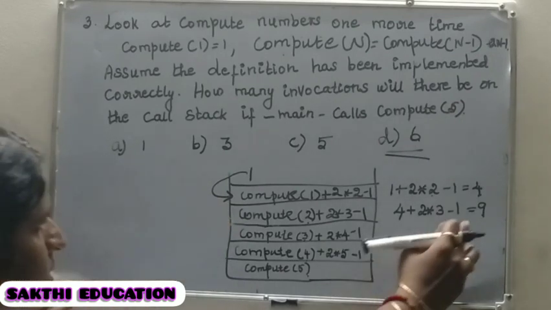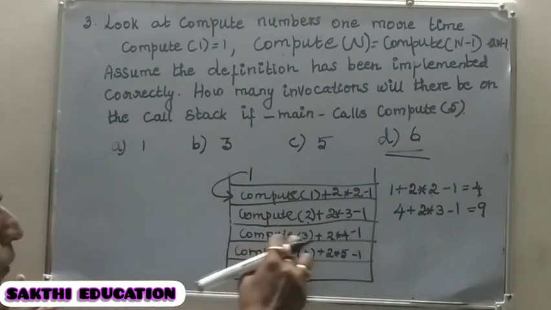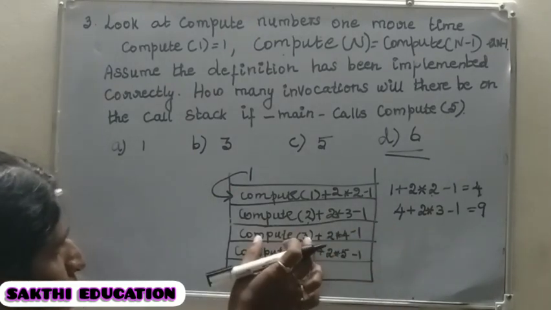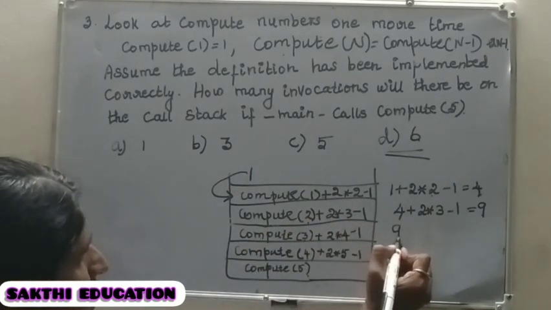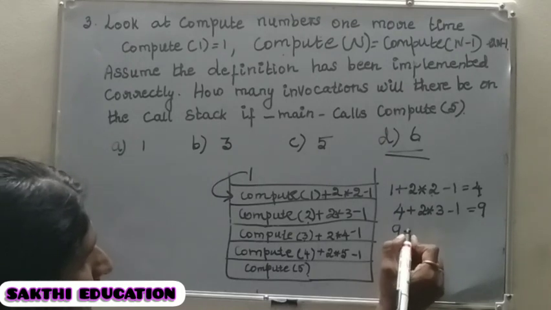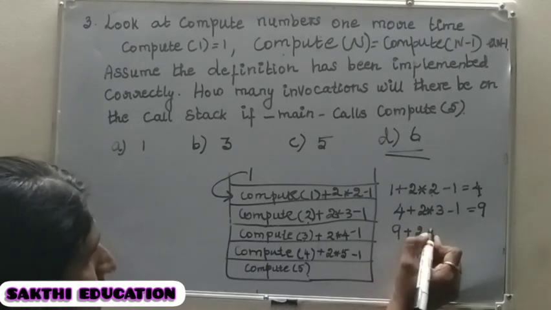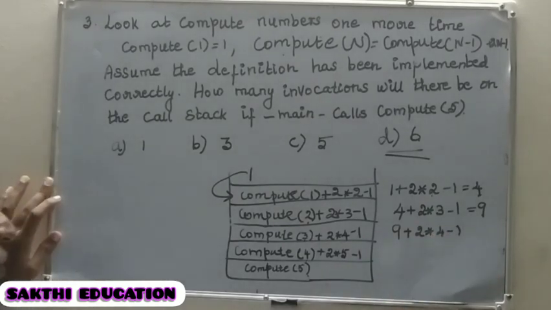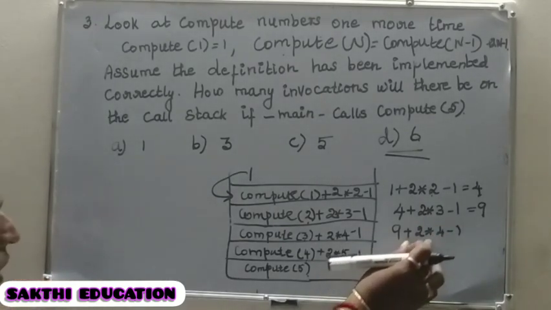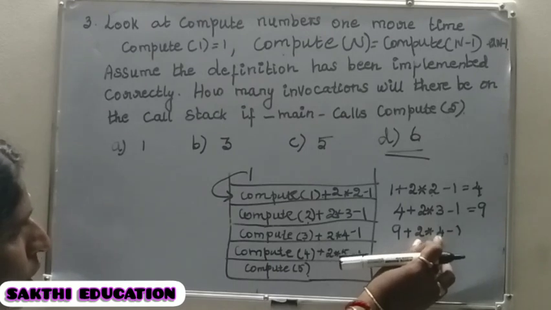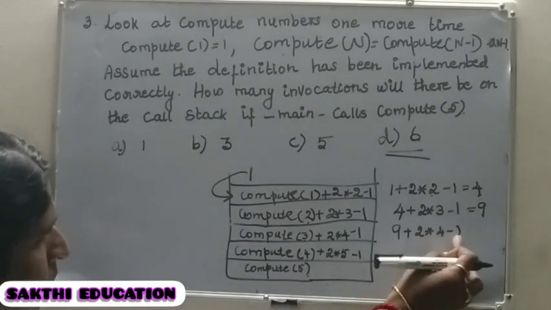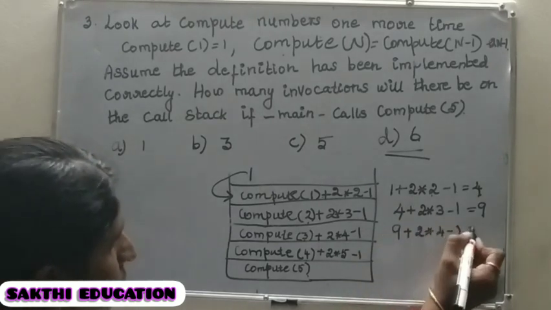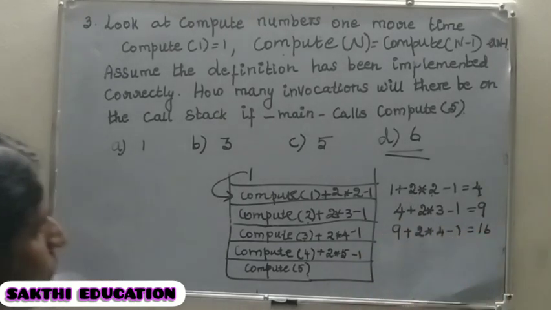Now you got the answer 9 for compute of 3. Okay, for compute of 3 you got the answer 9. 9 plus 2 into 4 minus 1. Evaluate the multiplication first according to the BODMAS rule. 2 into 4 is 8. 8 minus 1 is 7. 9 plus 7 equal to 16.